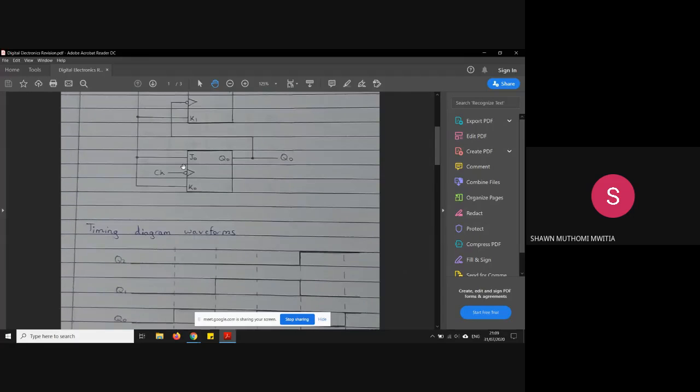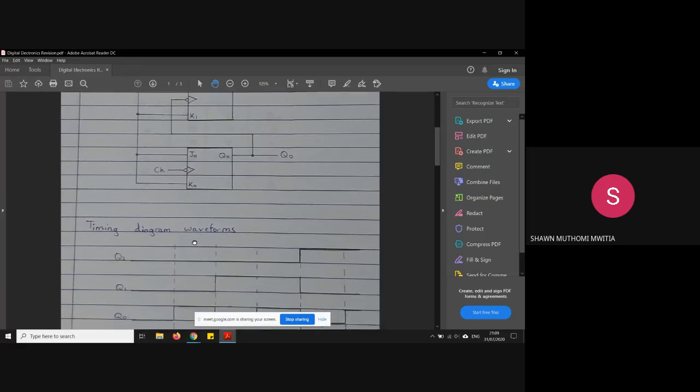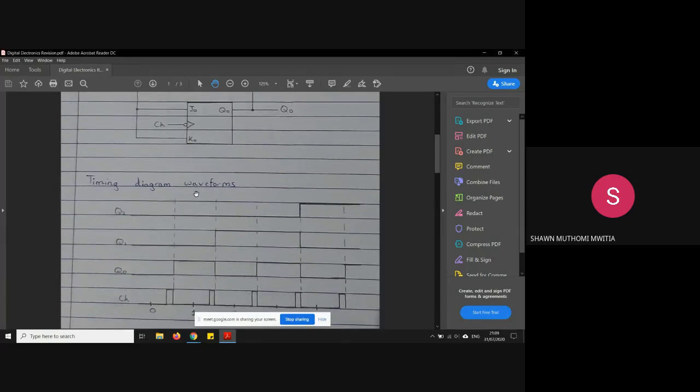Because of this inverse in the clock, the flip-flop will be triggered by the falling edge of the clock. So the first flip-flop will be triggered by this falling edge. It will change from 0 to 1, get triggered again by the falling edge of this clock, and then go flat again.